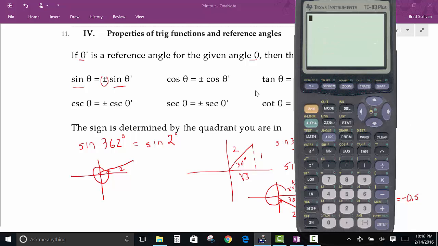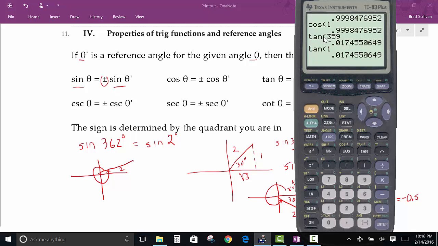A couple other ones. If you did the cosine of 359 degrees, and then the cosine of 1 degree, because that's the reference angle, it's the same. If you did the tangent of 359 degrees, and then the tangent of 1 degree, they're different signs, and that's because they're in different quadrants.